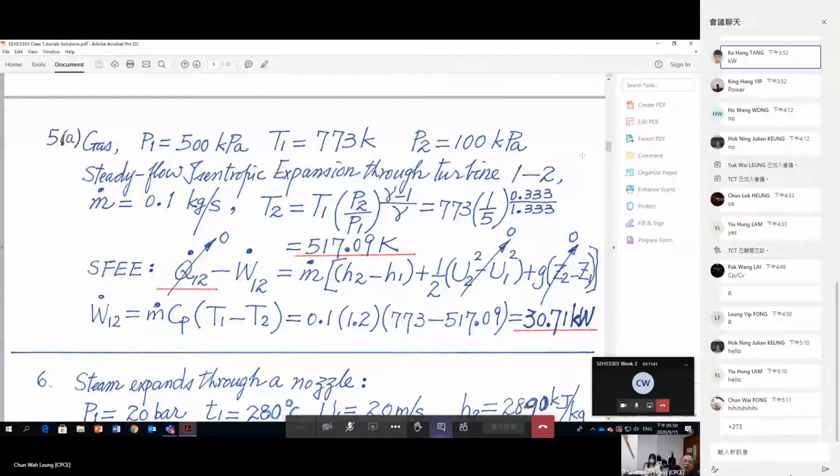Now, the relation between the pressure ratio and the temperature ratio of an isentropic process, that is T2 over T1 equals P2 over P1 to the power gamma minus 1 over gamma, we developed in the non-flow process for a gas.